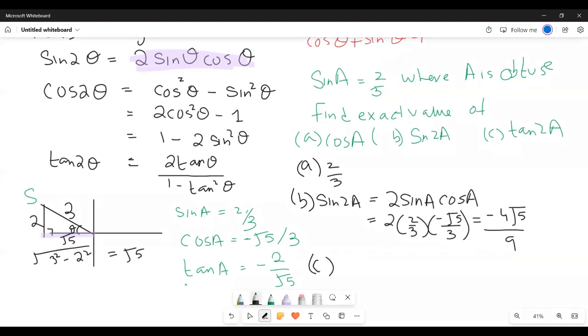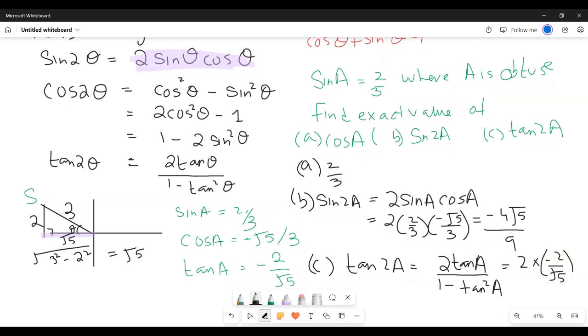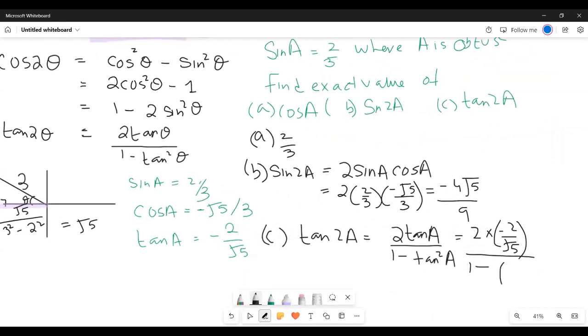Part C, tan 2A equals 2 tan A over 1 minus tan square A. So that is 2 times tan A, which is minus 2 upon square root of 5, upon 1 minus minus 2 upon square root of 5 whole square, because it's tan square A. So you square the tan A value.